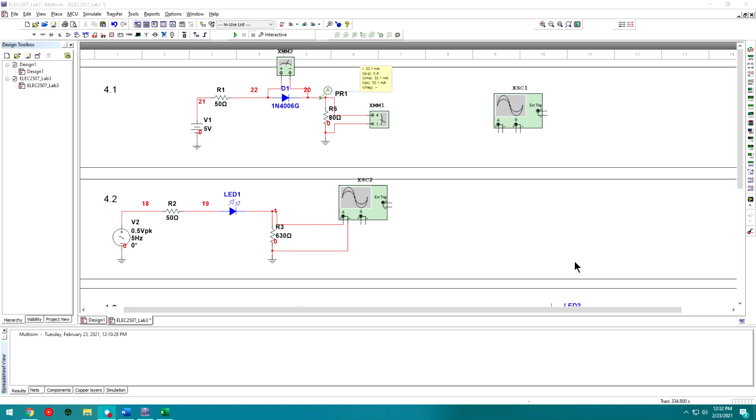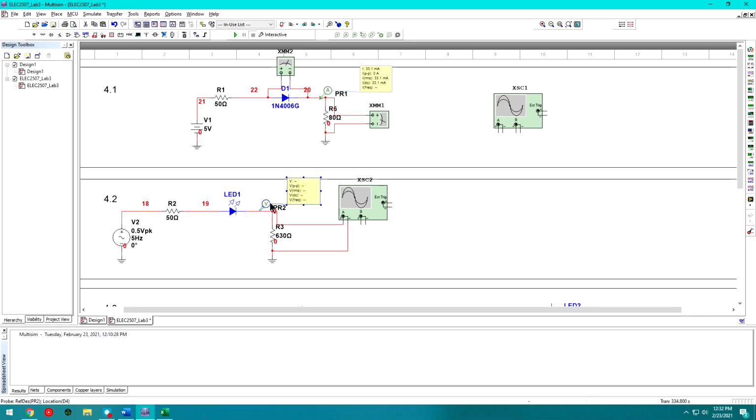And I want to go ahead and add a voltage probe as well. Voltage probe will just help me see the DC voltage on this particular node here, which is the one I'm interested in. And then scope channels, we're going to actually add channel A to the left side of the LED, and we're going to add channel B now to the right side of the LED.